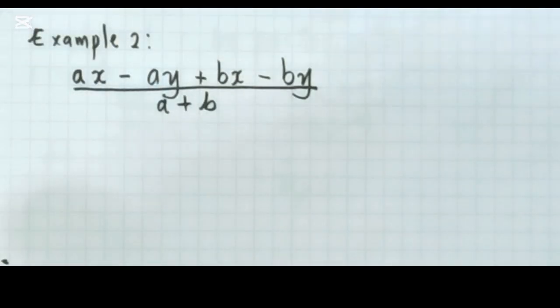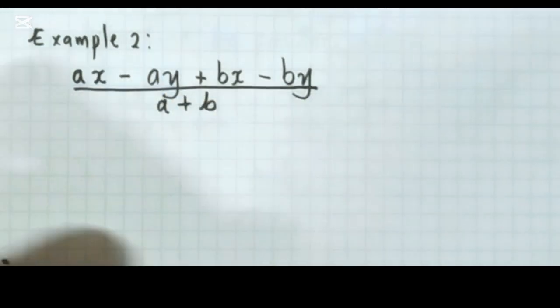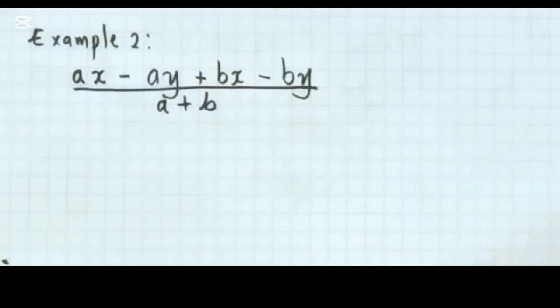I'll just handle the numerator on its own, and then we will reintroduce the rest of the fraction so that we check it out and see what's happening. So we will pair the numerator into 2 and then factorize each pair to come up with a more simplified version of this algebraic fraction.